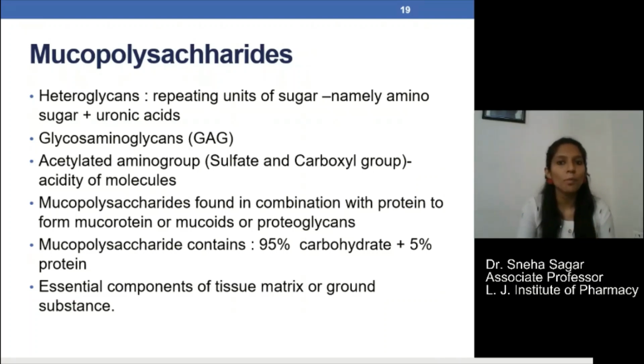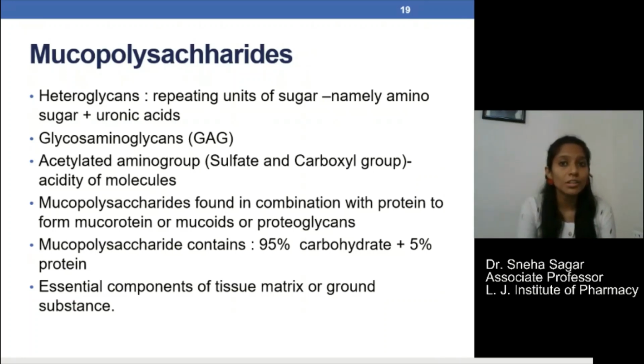These are more commonly known as glycosaminoglycans, GAG. Acetylated amino groups, besides sulfate and carboxyl groups, are generally present in the GAG structure. The presence of sulfate and carboxyl groups contributes to the acidity of the molecules, making them acidic mucopolysaccharides.